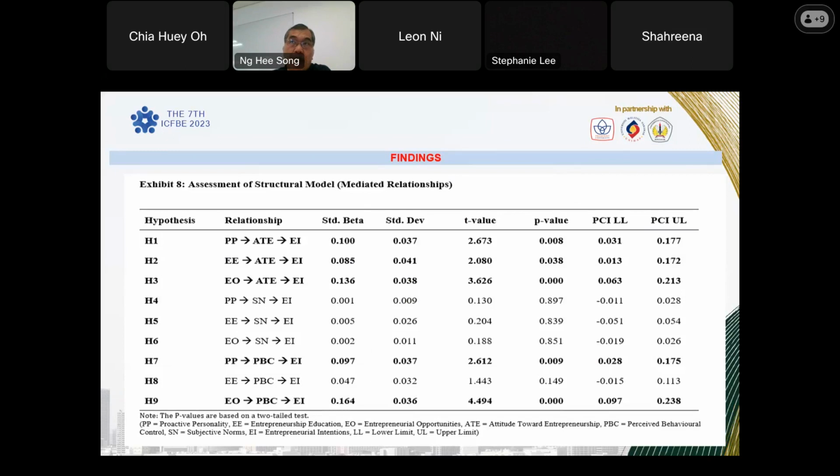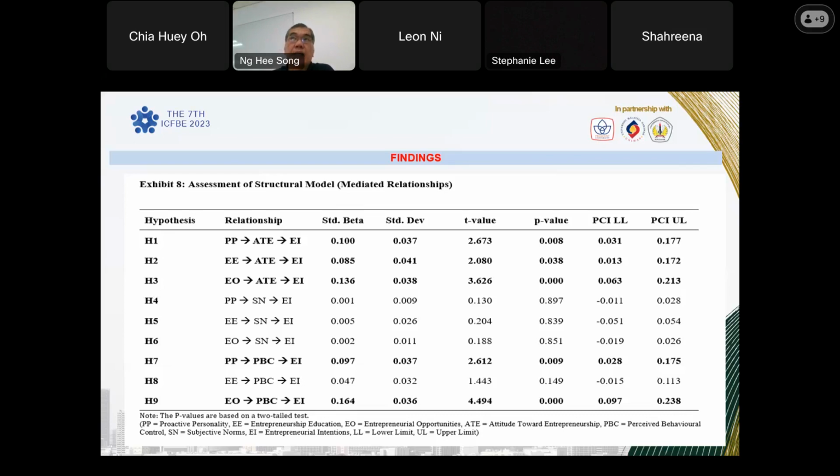Education also plays an important role in enhancing intention, and opportunity also plays an important role in enhancing intention under the influence of attitude. So if the attitude towards entrepreneurship is good, definitely this relationship becomes stronger. And the H7 is also the same thing. H7, under proactive personality, you can enhance entrepreneurial intention.